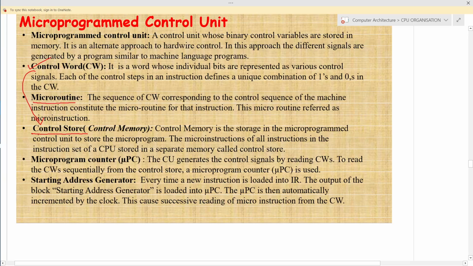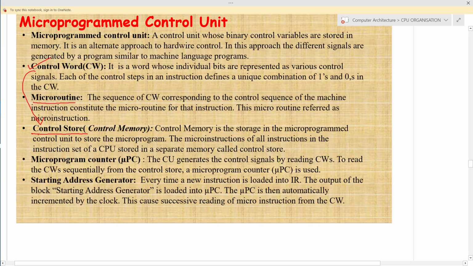Basically it is a ROM, and we have to read this control word with the help of a microprogram counter. The microprogram counter's responsibility is to read a particular control word or successive control words from the memory, so that signals will be generated by reading the control word.